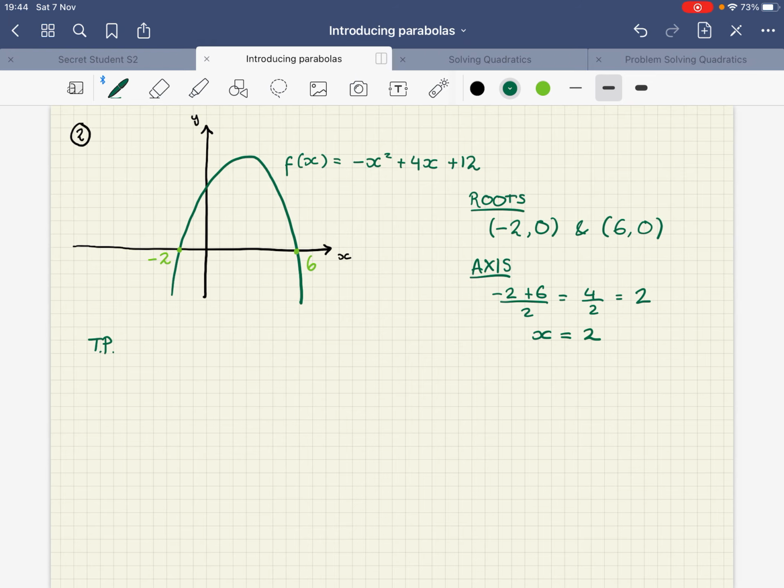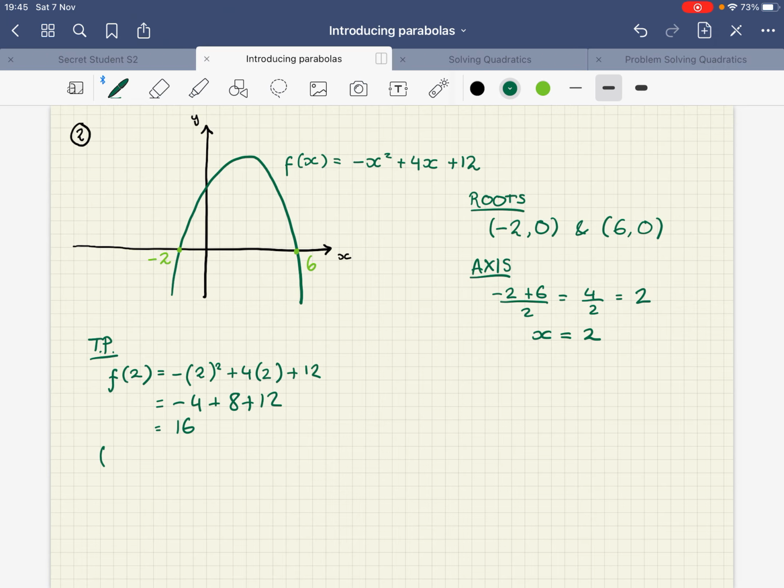Then my turning point, so taking that value of 2, I've got to substitute that into my formula. Now here we have that f of x. Remember that f of x is essentially a new kind of y for a lot of our graphs, so it still works. So I'm going to substitute that 2 in. So I've got -2 squared plus 4 times the 2 plus 12. So it's going to be -4 plus 8 plus 12, which is going to just give me 16.